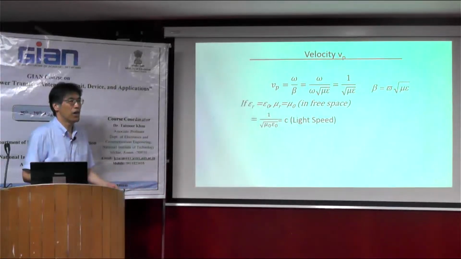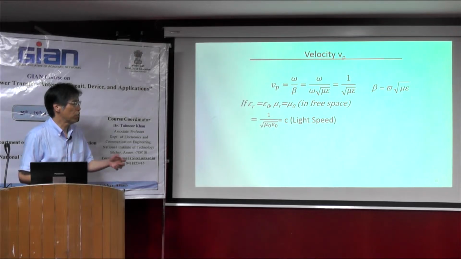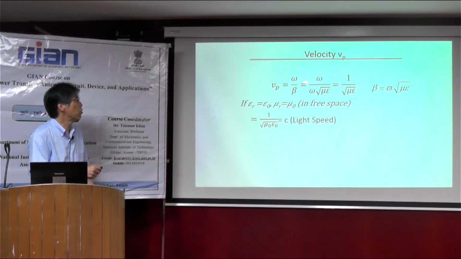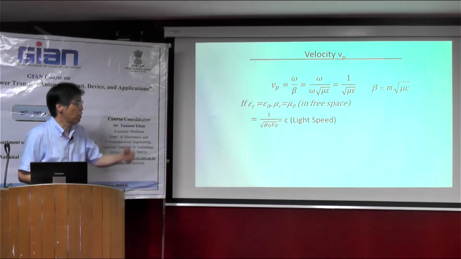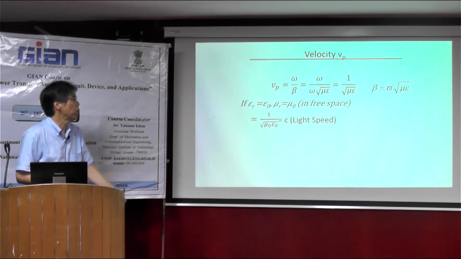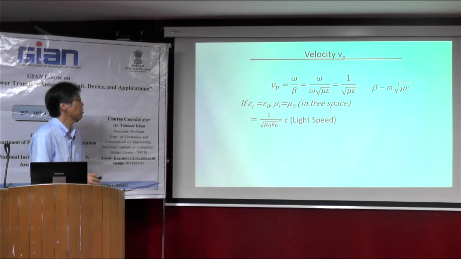So velocity is defined as the ratio of omega and beta, the time change of the radio wave and propagation. So from this relation, we put these parameters instead of beta. And here you can see the same omega, and now omega has gone.